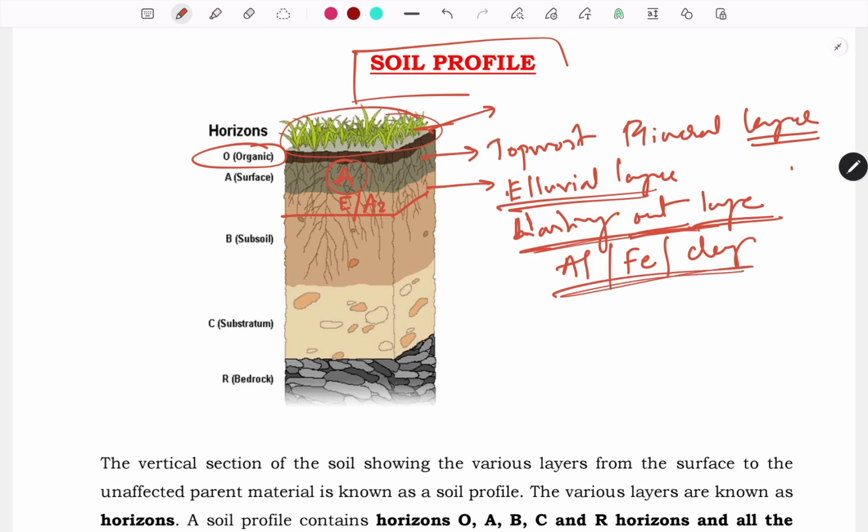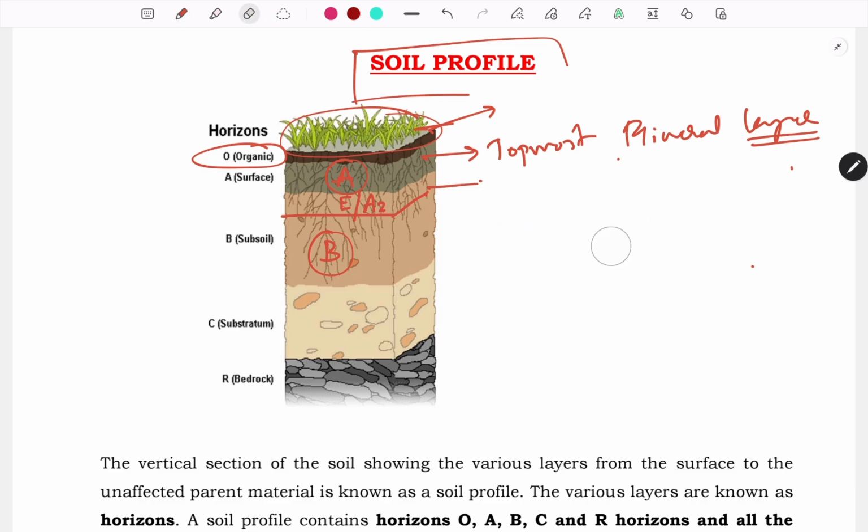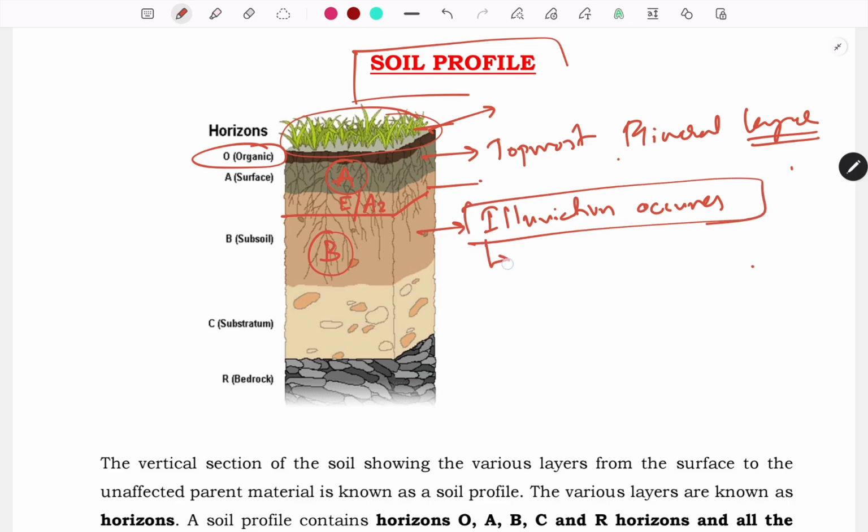And the next layer is the B layer. The B layer is below the A and A2 layers. Here illuviation occurs. It is also called the washing in layer.